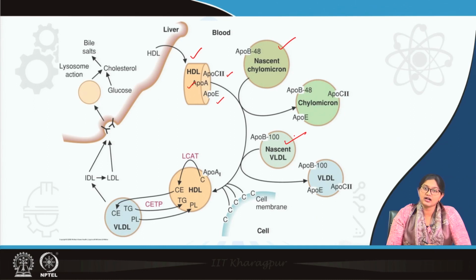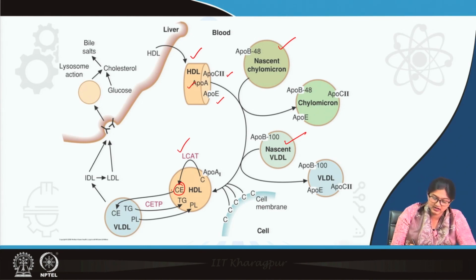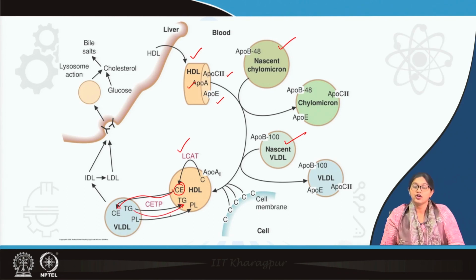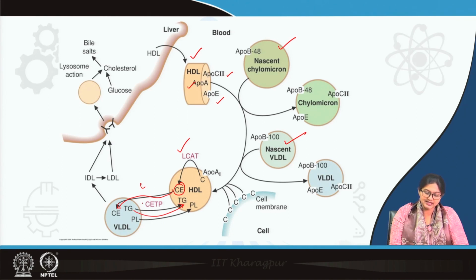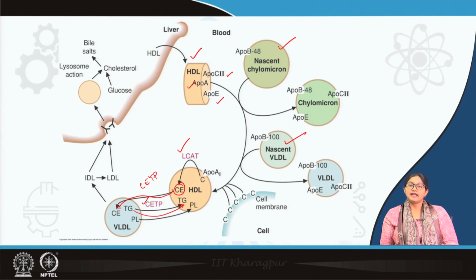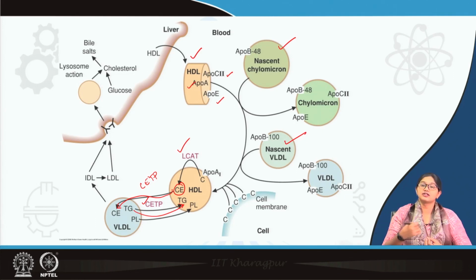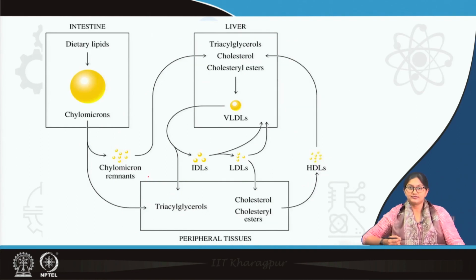Those cholesterols are converted to cholesterol ester with the help of the enzyme LCAT, and there is transfer of this cholesterol ester to VLDL as well as uptake of triacylglycerol with the help of the protein CETP. So, this is the function of HDL. It takes up peripheral cholesterol as well as it donates apoprotein for maturation of chylomicron and VLDL.